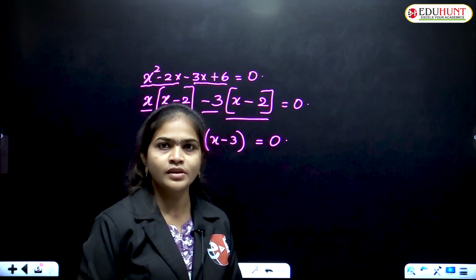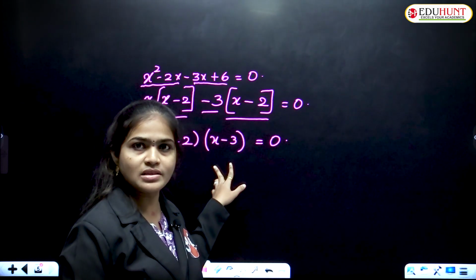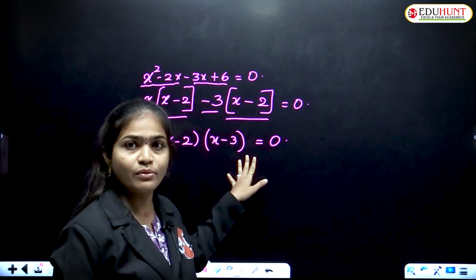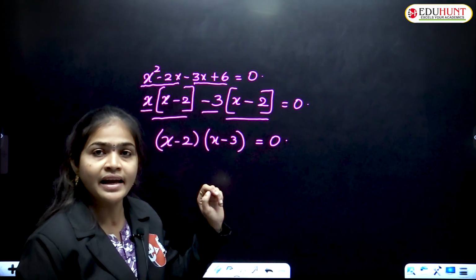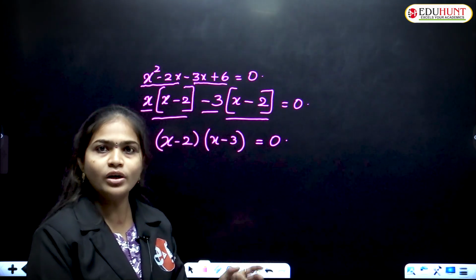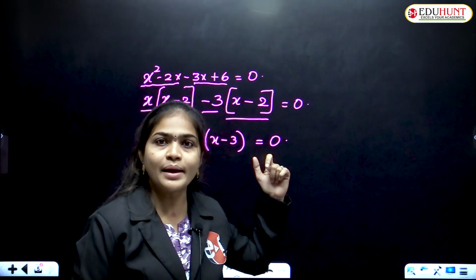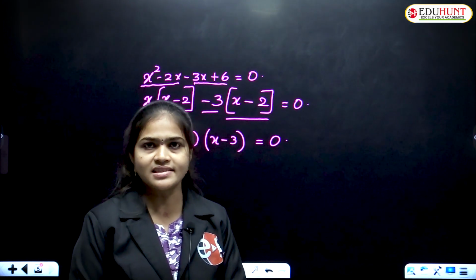Do you know that? So it must be any one of the values. Here we are having two expressions, right? What are those two expressions? One is x minus 2, another one is x minus 3. Any one of the expressions must be 0. Yes or no? Okay, then only we will get the resultant as 0. Why? Because if you multiply any number with 0, then only we will get 0.